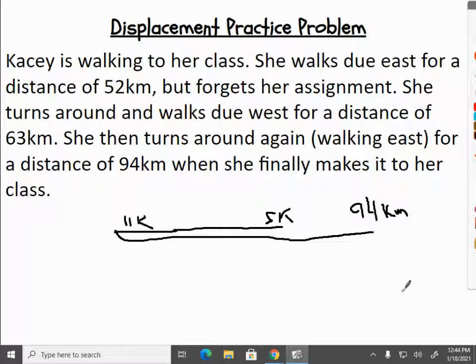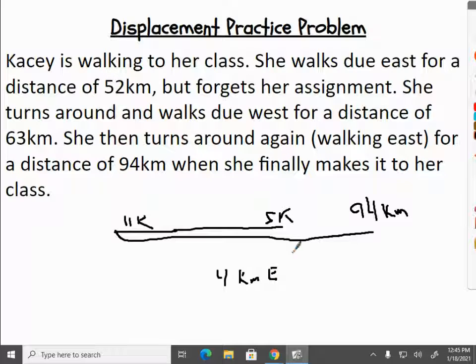to her ending spot. So this means that she has only displaced herself a total of, if we move from our initial spot, 52 minus 63 plus 94, which is going to be a total of 83 kilometers east.